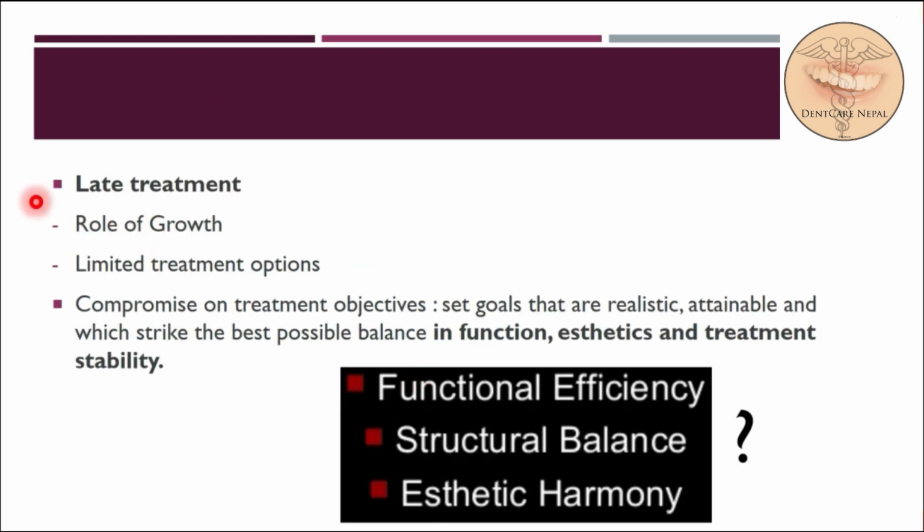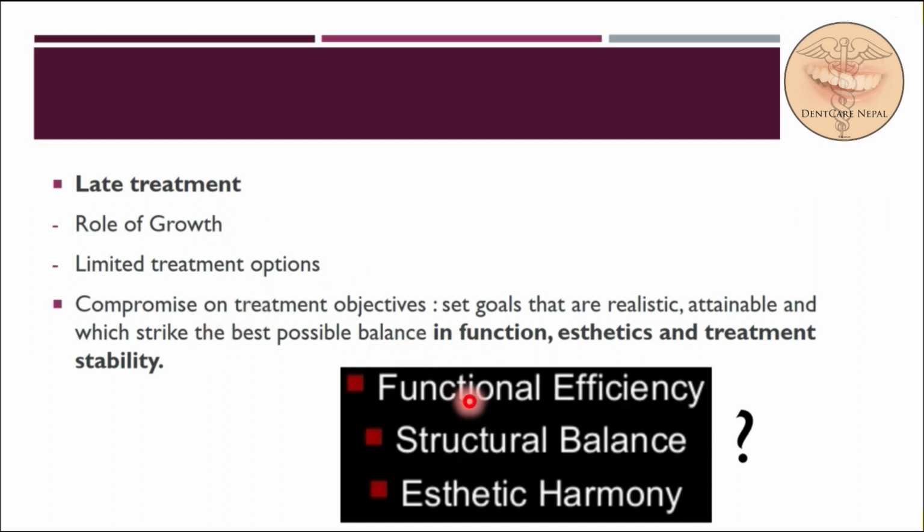And what are the benefits of late treatment? The characteristic feature of late treatment is that growth is already completed, so we cannot harness the power of growth. Growth modification cannot be done, only surgical or orthodontic tooth movement. Limited treatment options are present.